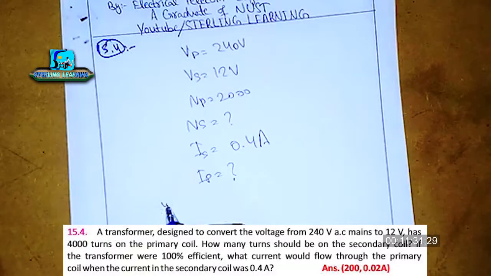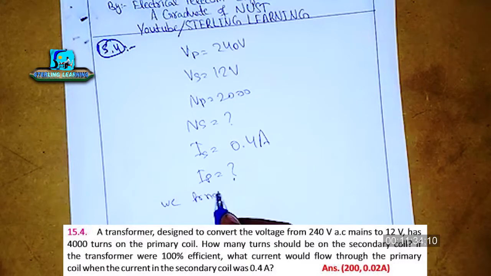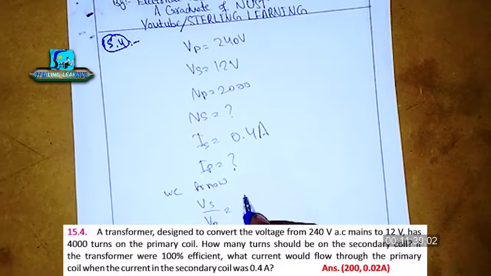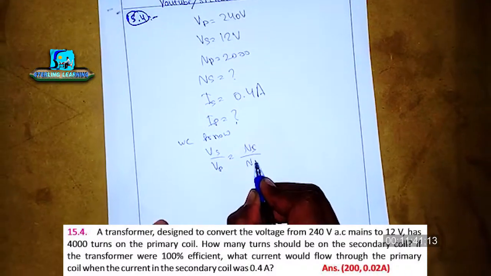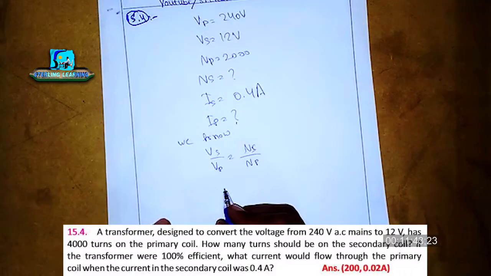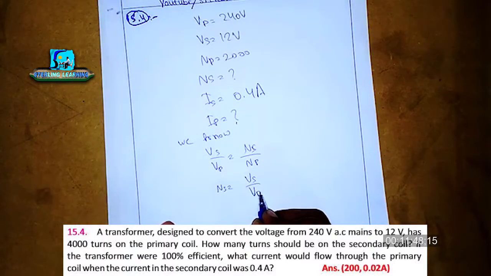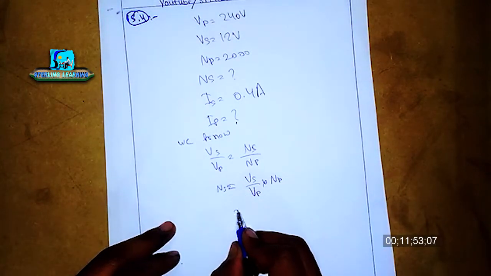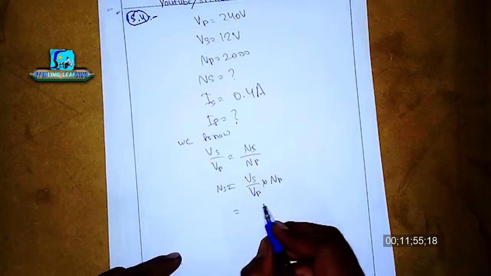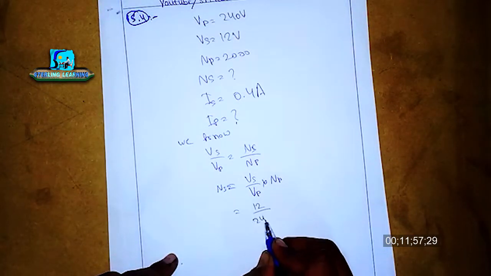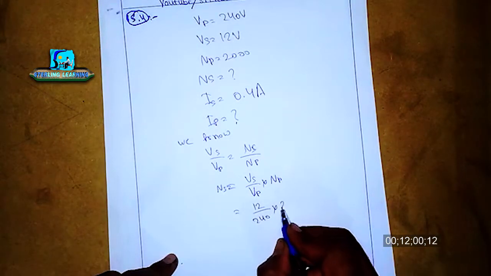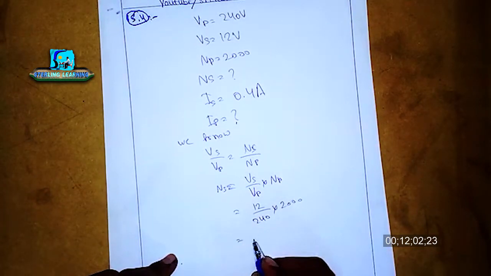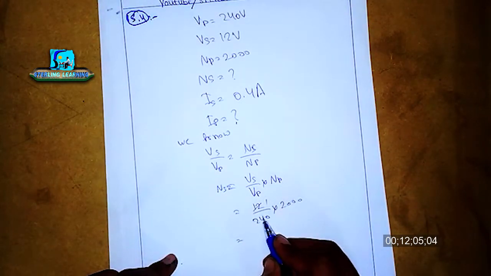We know the formula. Vs over Vp is equal to Ns over Np. Ns is equal to Vs over Vp into Np. Twelve over 240 into 2000. 12 ones are 12, twos.